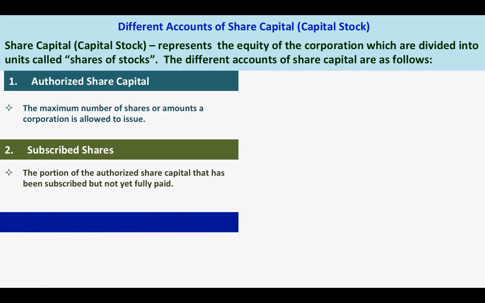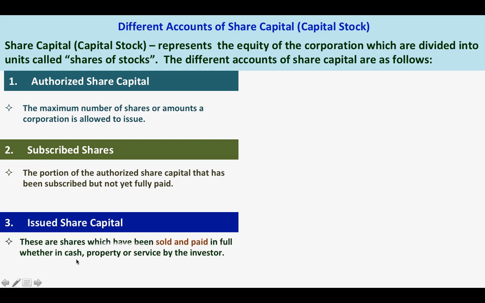Okay, so next is issued share capital. Issued share capital are shares which have been sold and paid in full, whether in cash, property, or service by the investor. In issued share capital, it means that we have already issued the stock certificate to the buyer or to the investor. So it means that we have already given the ownership, the shares of stock, which represents ownership in the corporation.